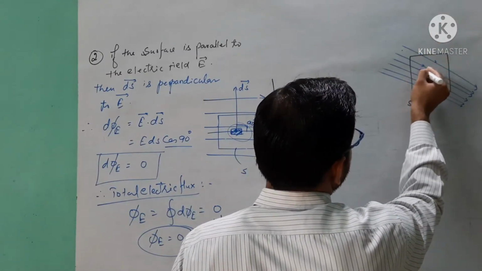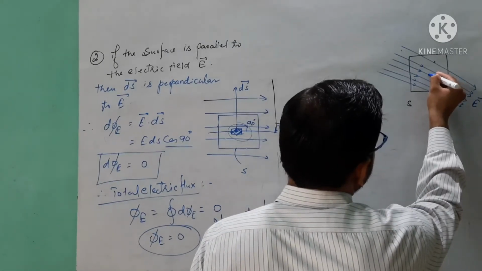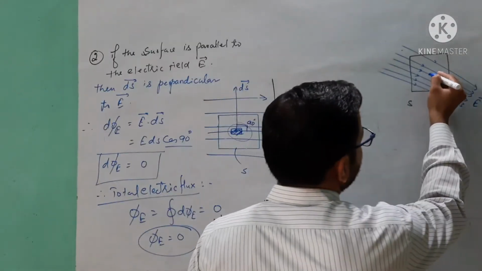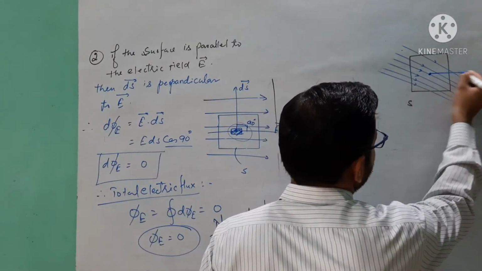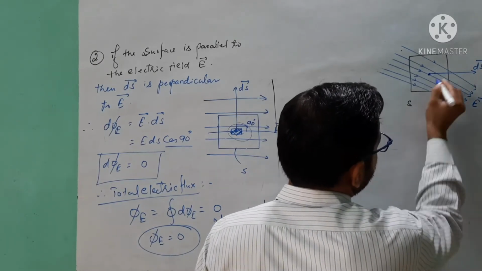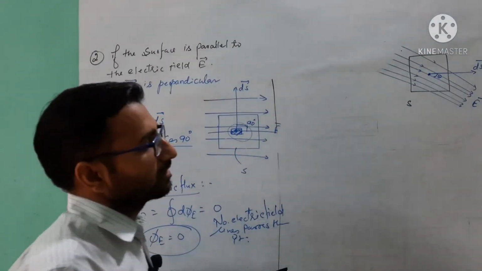So this is the direction of the electric field, and at this point I will show you the direction of the area vector, supposed to be the ds vector, and you can see the angle between them is theta.